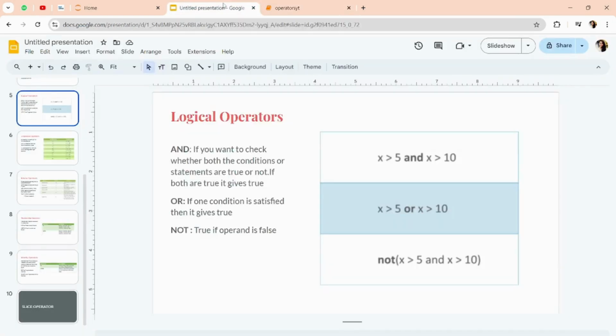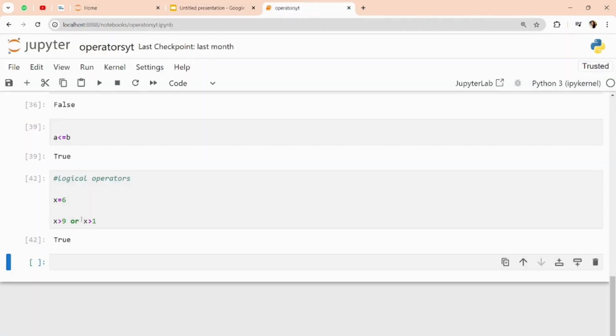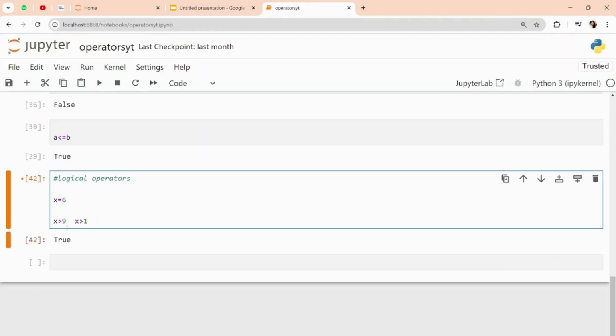Now let's take another, which is NOT. You have to take not. I'm keeping here 5. Is 6 greater than 5? Yes. Is 6 greater than 1? Yes.